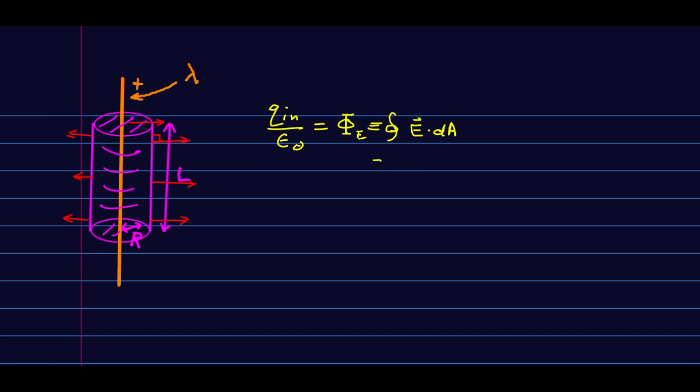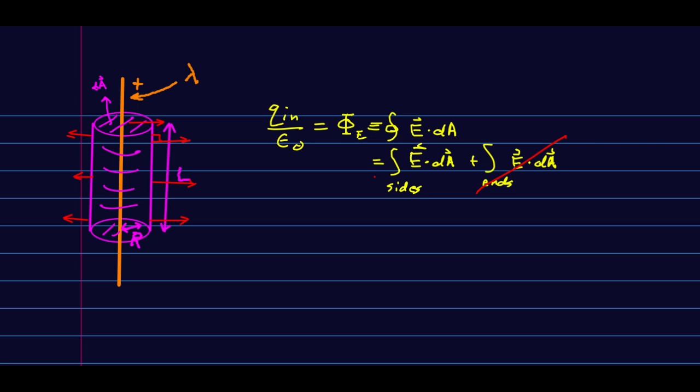But we can break that up into the integral over the sides, which is no longer a closed surface if we're just talking about the sides without the end caps, plus the integral over the ends. But we already know that the field is parallel to the ends, or you could say it's perpendicular to the dA vectors on the ends. So that results in a zero flux, and so this whole piece is gone.